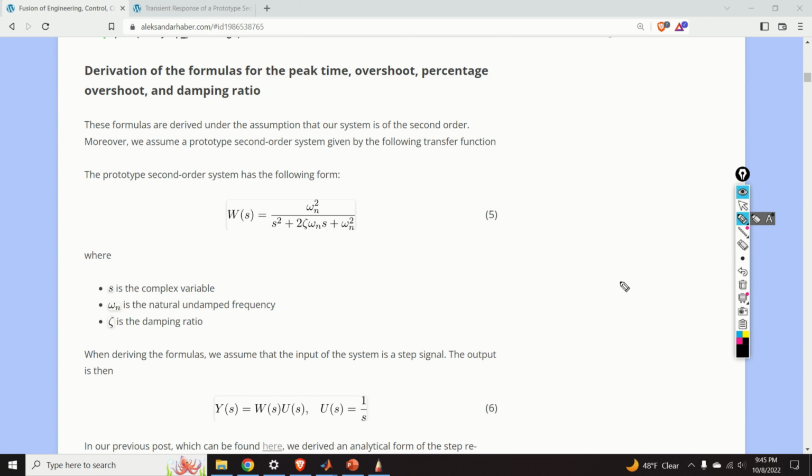First, we will derive the formula for the peak time. We start from the prototype second-order system that's given by the equation number 5. Basically, this is a general form of the transfer function of a second-order system. Here, S is the complex variable, omega n is the natural undamped frequency, and zeta is the damping ratio.